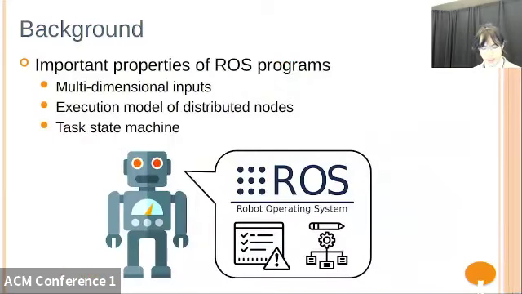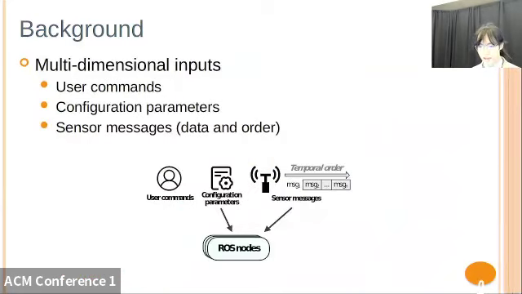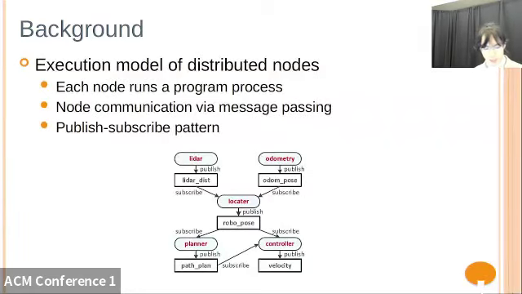Before detecting ROS bugs, we must know the properties of ROS programs. We will introduce three typical and important ones as follows. First, ROS programs can receive input from multiple dimensions, including user commands, configuration parameters, sensor messages, and so on. Second, a robot task requires multiple ROS programs to run together.